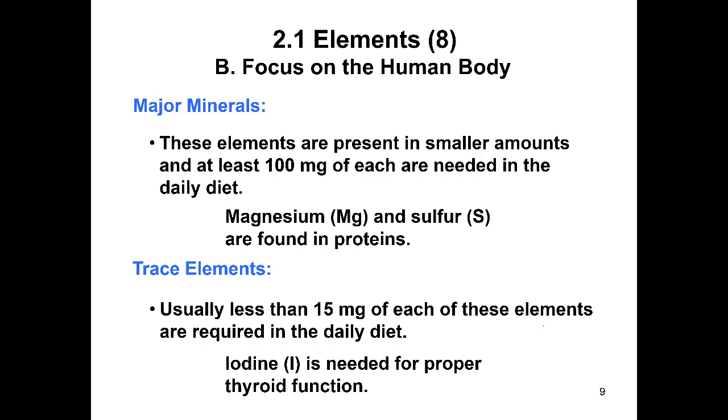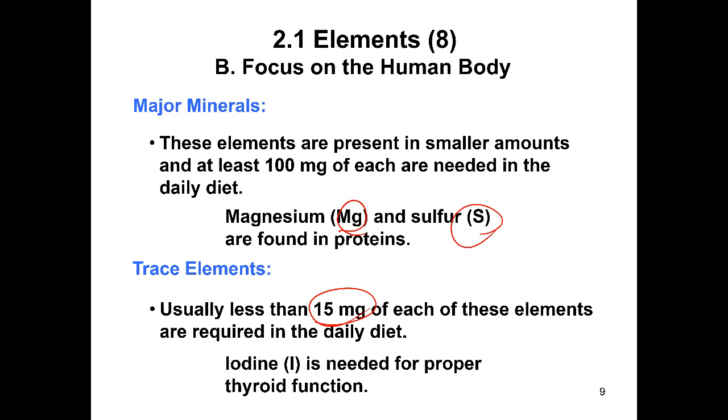Major minerals are present in small amounts in the body, about 100 milligrams each. Magnesium and sulfur, for example. Trace elements, however, are very, very small quantities, like 15 milligrams of each.